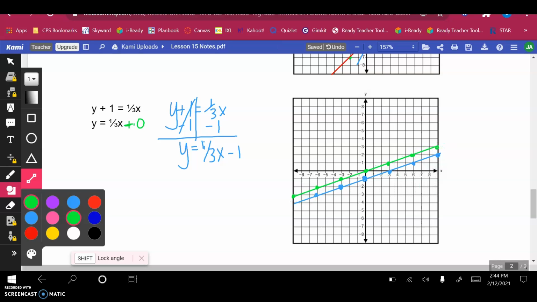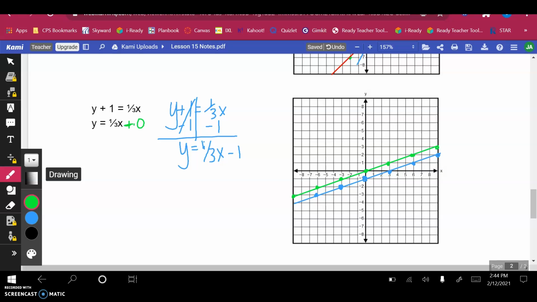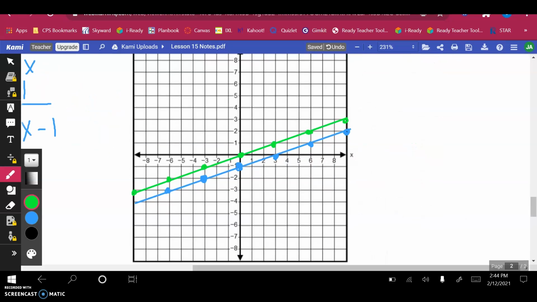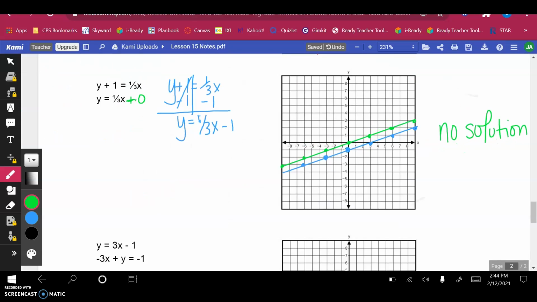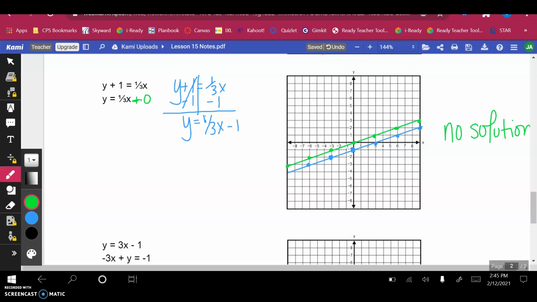So these are parallel lines, and they have no solution. There is nowhere that those two lines cross. So let's take a look at the slopes and the y-intercepts. So the m value in both equations is 1/3.